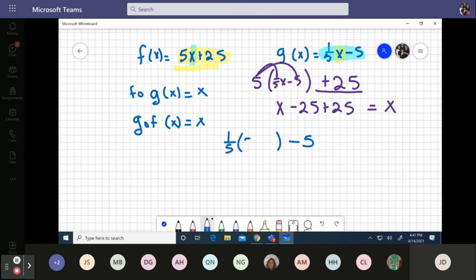And that's going to be 5x plus 25. And distributing that, I'll get x plus 5 minus 5 equals an x. Don't forget you have to test them both. I meant to do 12 instead of 11. Let's do 12.